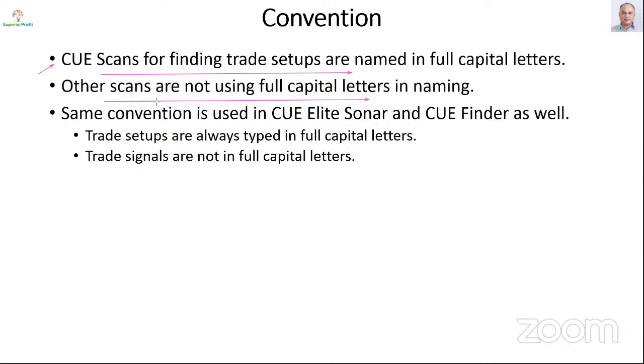And if we see a name not in full capital, like at price extreme low and reversing, then we know it is not for a trade setup because not full capital, it is for a scenario or pattern. In fact, the same convention is used in Q Elite Sonar and Q Finder as well. Trade setups are always typed in full capital letters. Trade signals or patterns or scenarios are not in full capital letters.